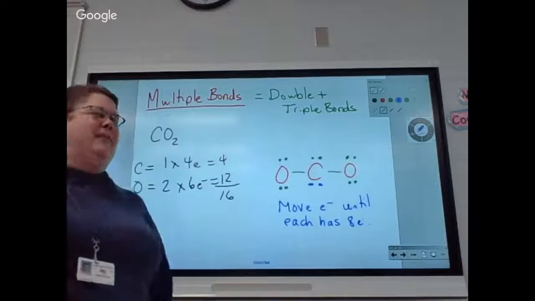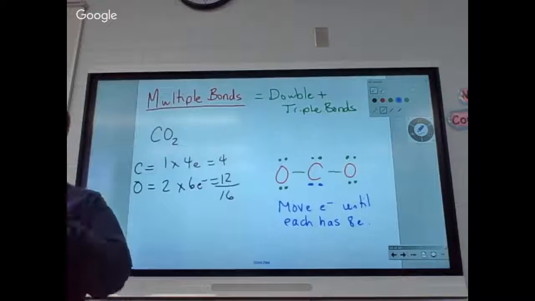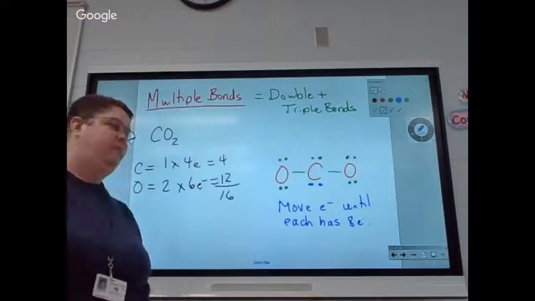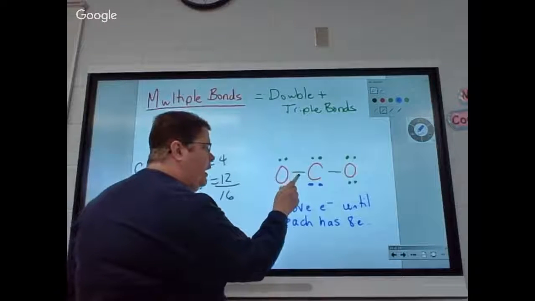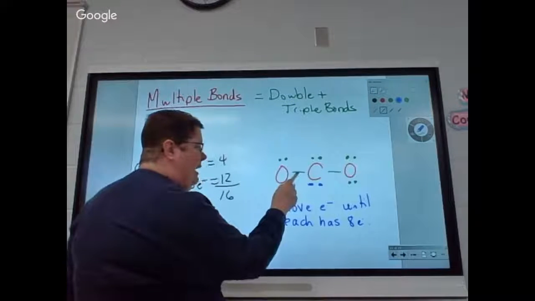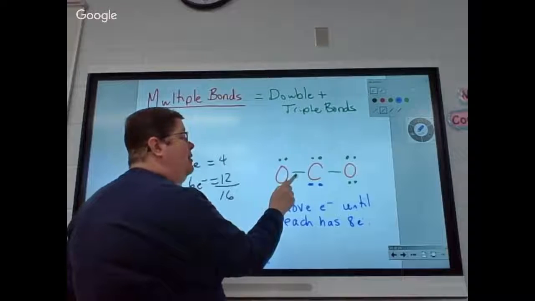So where in the diagram will it help C and O? You move a dot from the top. Right there, in the middle, they do what? They share.